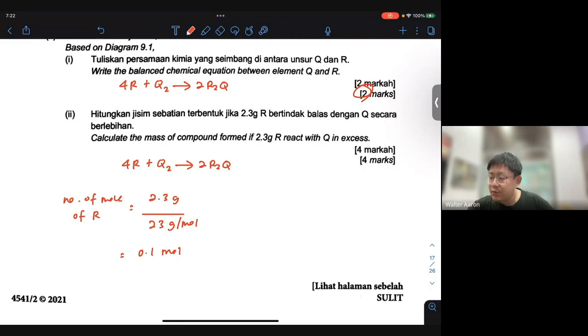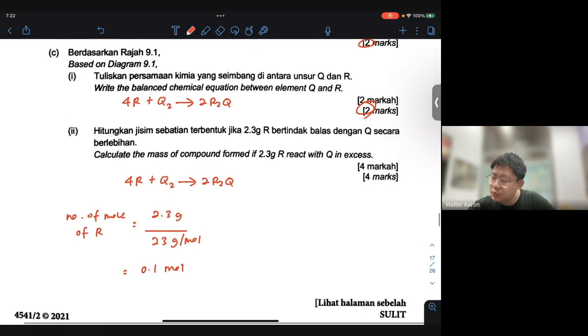All right, now if you were to compare in terms of ratio, this is 4 to 2, right? So if you were to simplify, it will be actually 2 to 1.